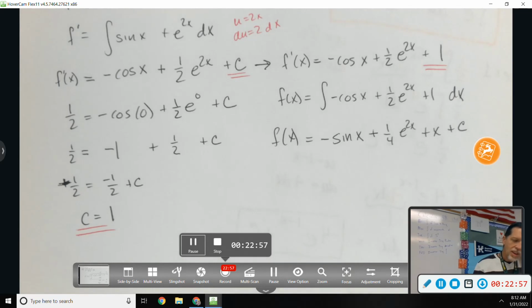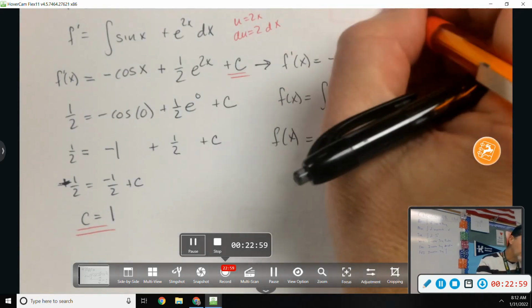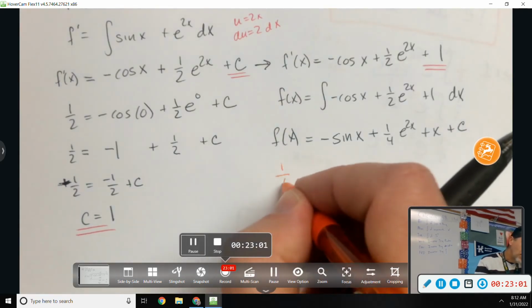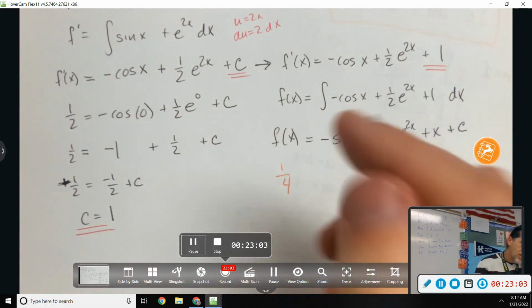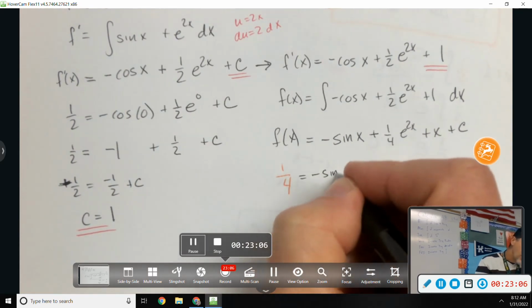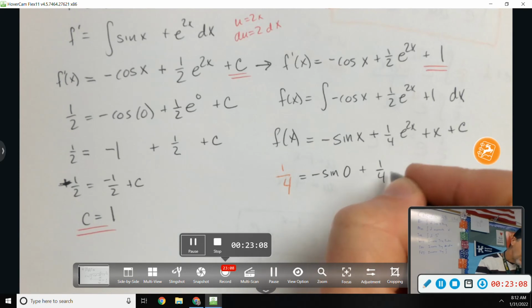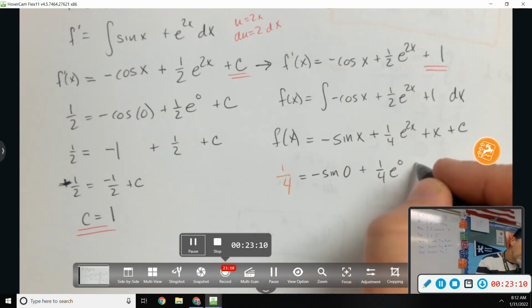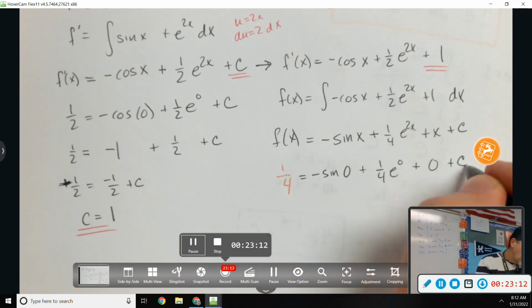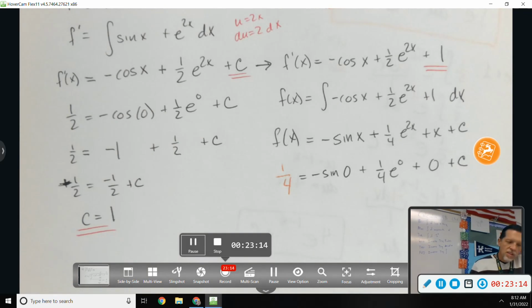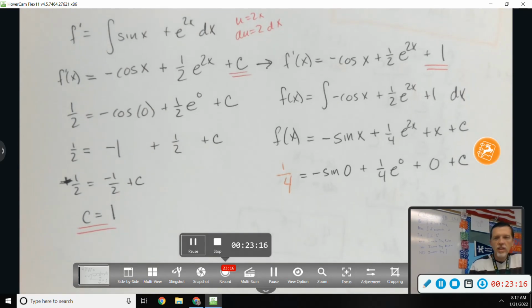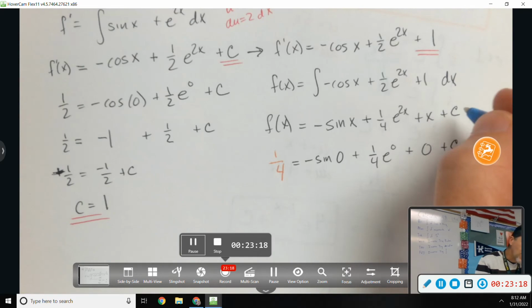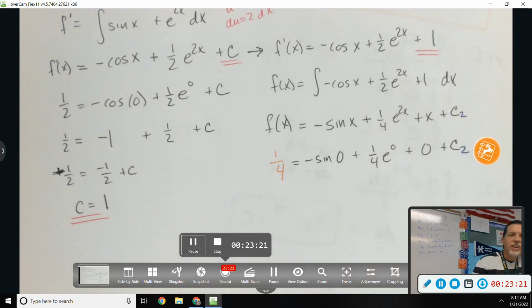And then our last piece of information, f of 0 is 1/4. Again, that's a separate c, so if you want to call it c2, that's fine. Oh, what's c2 going to equal?